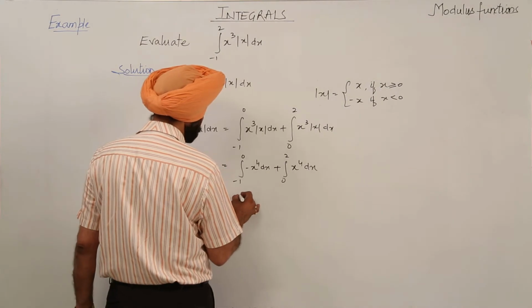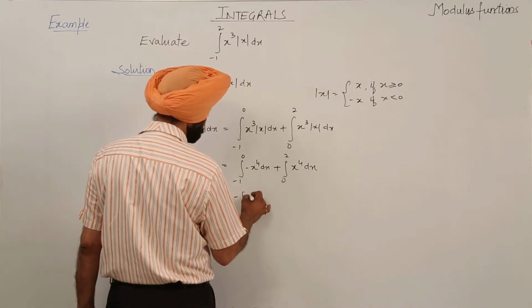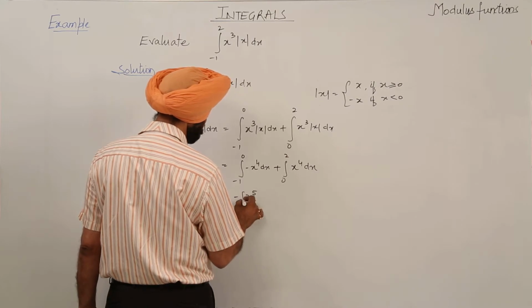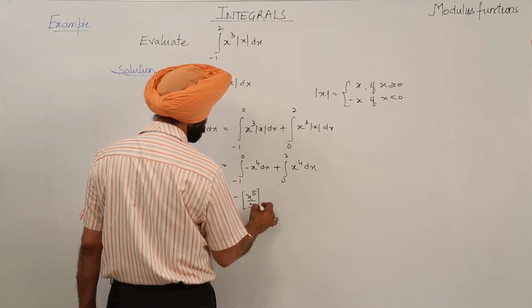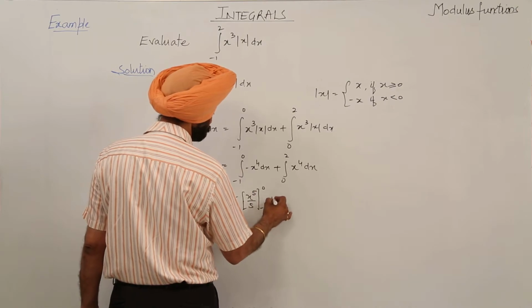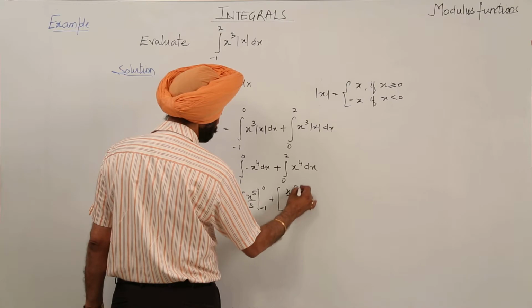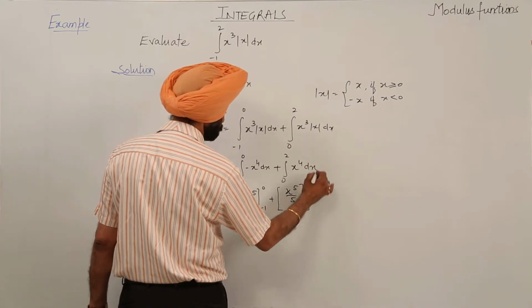Now this becomes negative of x raised to power 5 upon 5 from minus 1 to 0, plus x raised to power 5 upon 5 from 0 to 2.